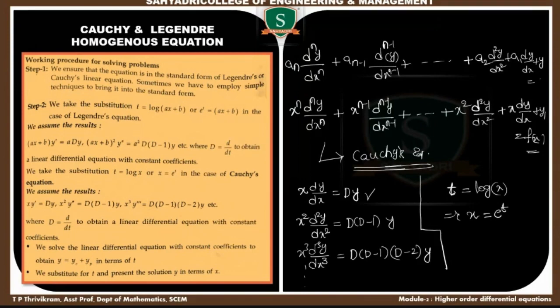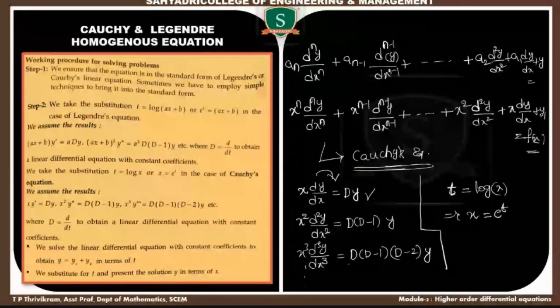So x dy by dx we substitute as Dy. Similarly, x^2 d^2 y by dx^2, second order, can be replaced with D(D-1)y. x^3 d^3 y by dx^3 can be replaced with D(D-1)(D-2)y.